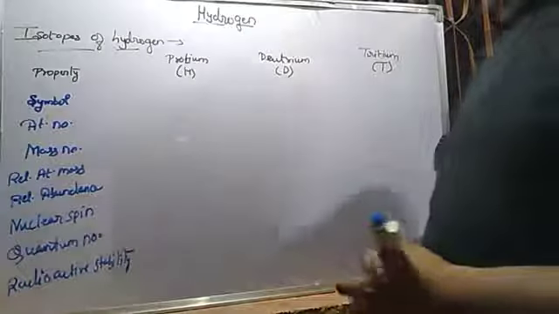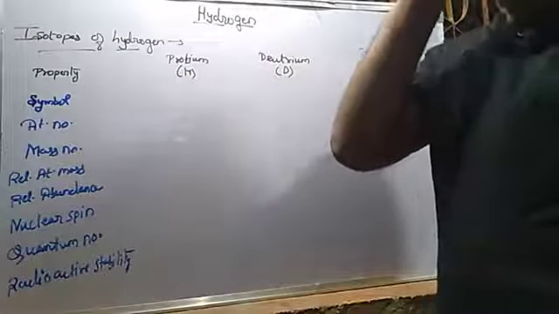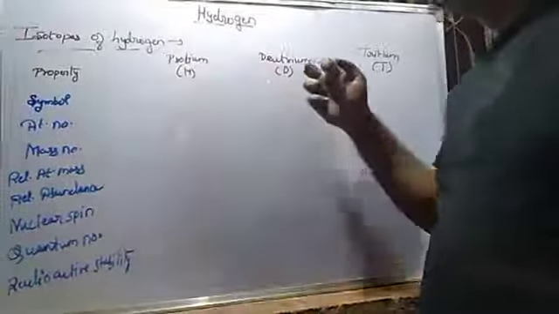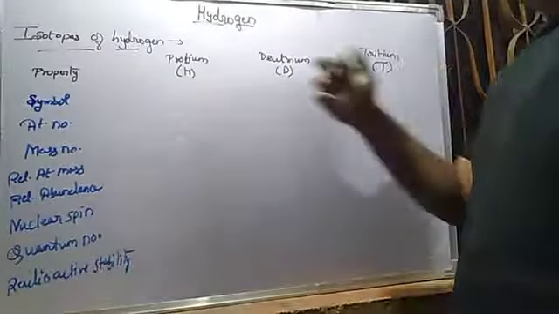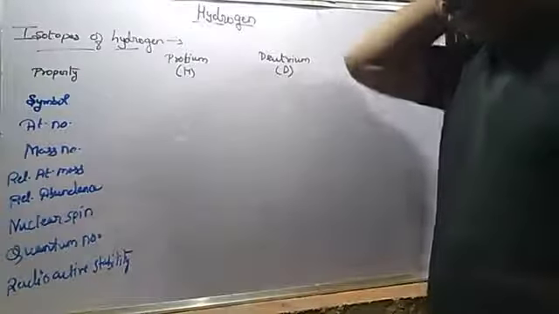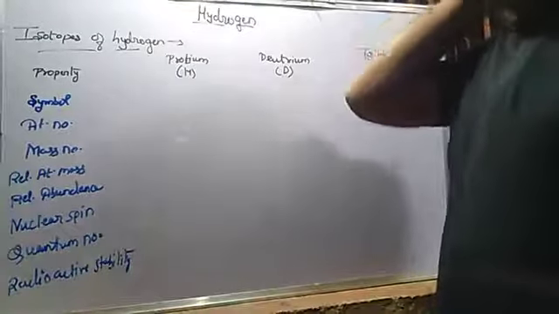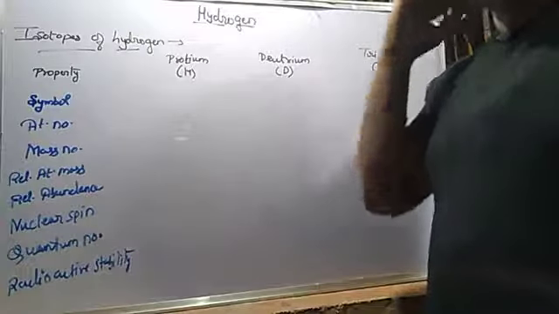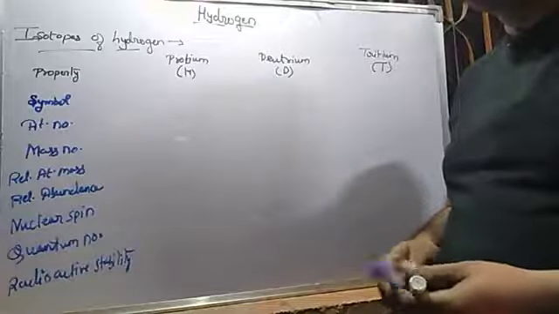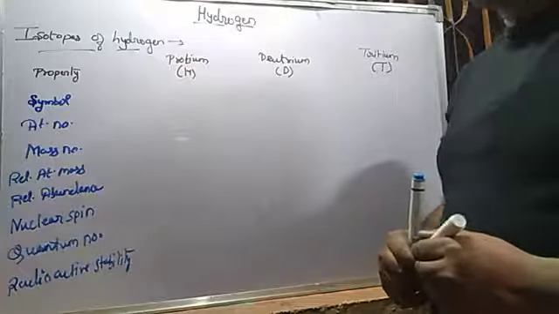Let's see the isotopes of hydrogen. There are three isotopes of hydrogen: protium, deuterium and tritium. How can we distinguish these three isotopes? The first property is the symbol.